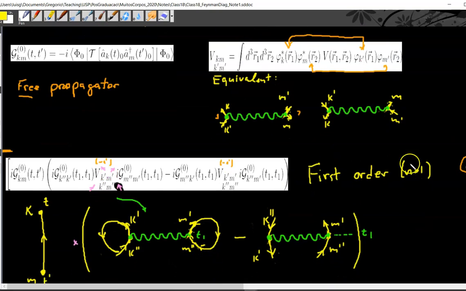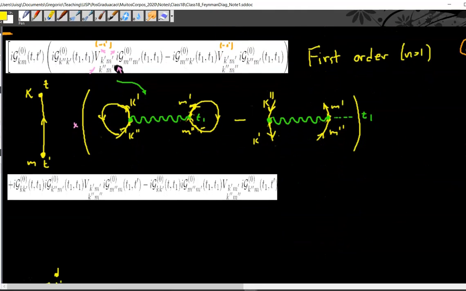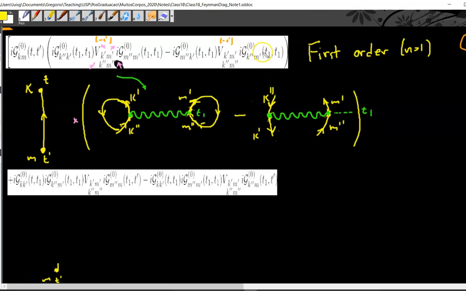So that's precisely what I did. I'm actually doing this one. A k prime entering, a k double prime entering, k prime exiting on this side, and then m double prime entering and m prime exiting on this side. Now, why did I do that? Well, because of the way the propagation lines are written.